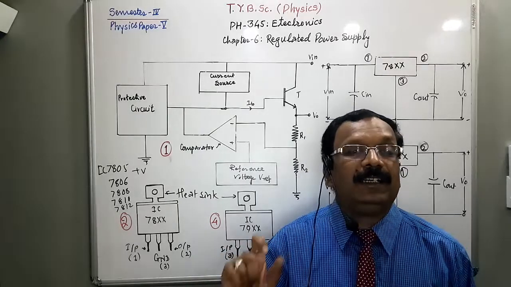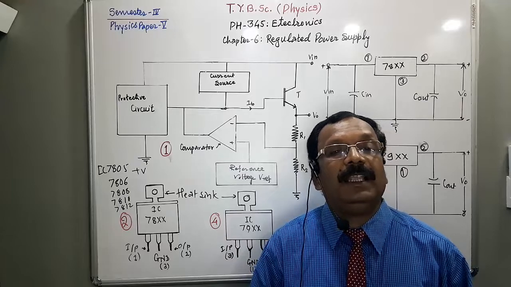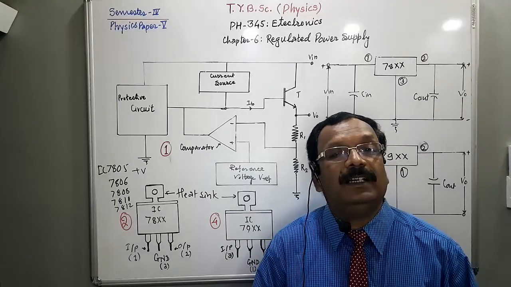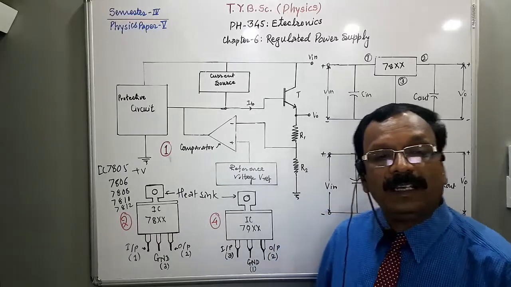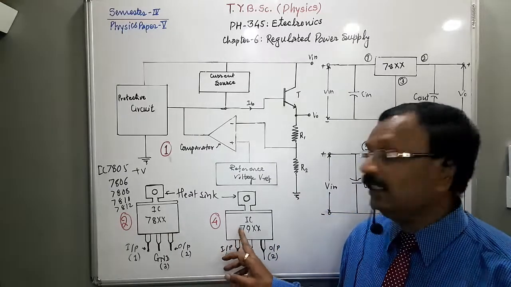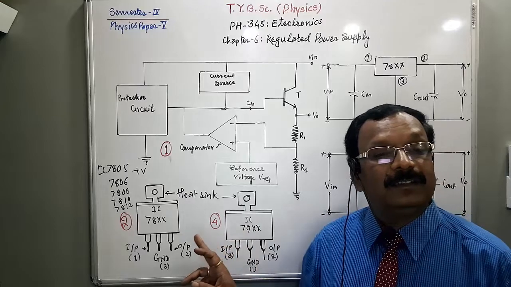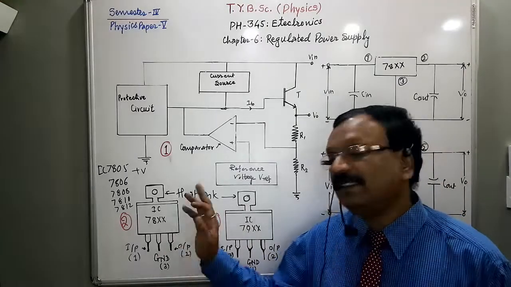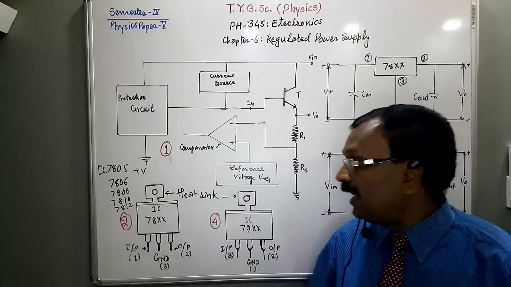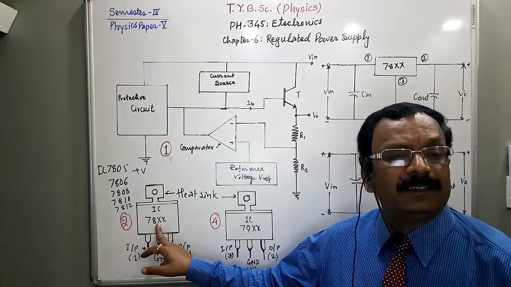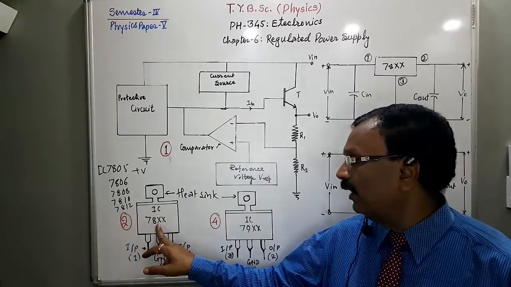Okay. Second one, for current limit, it has internal circuitry like the 78 series.